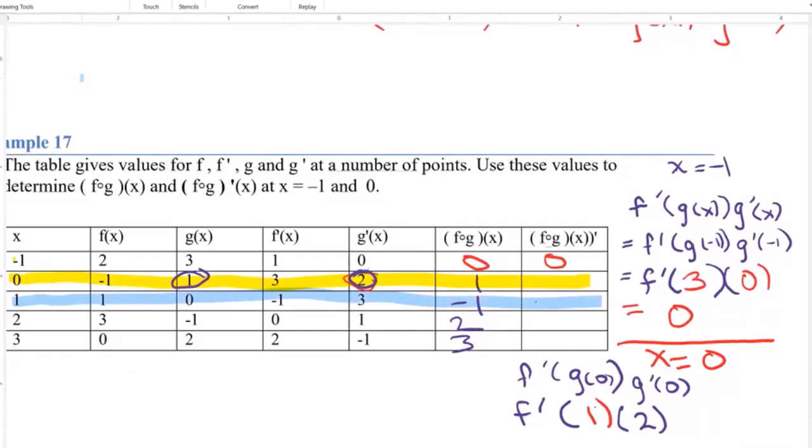So f prime, which is this column, of 1 is equal to -1 right here. So this is equal to -1 times 2, which is equal to -2.